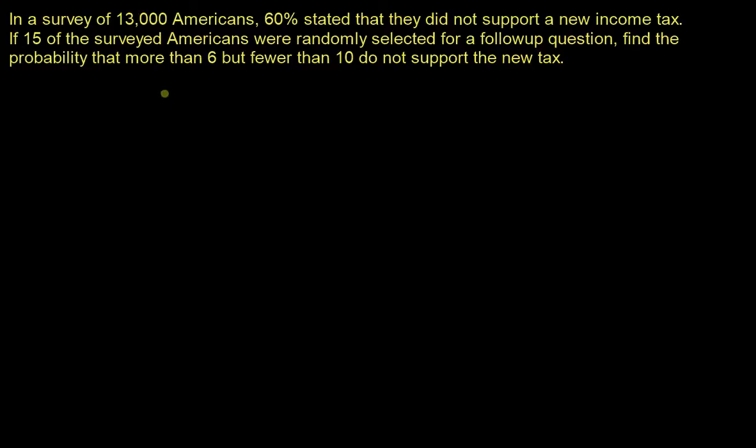Okay, so small n, our sample size is 15. These 15 are being selected from those 13,000, and that selection is happening without replacement. And K, I guess, is the number of people in the population that do not support the income tax, which would be 60% of this 1,300.